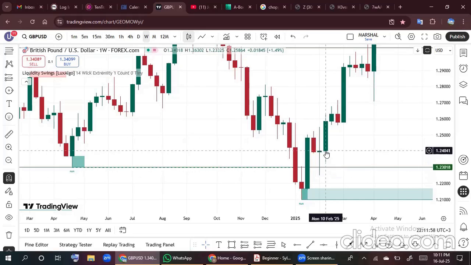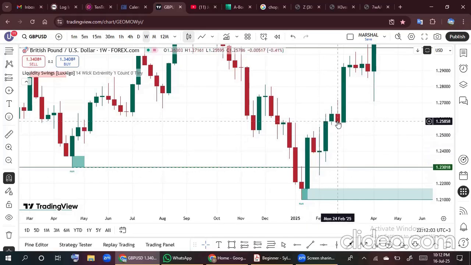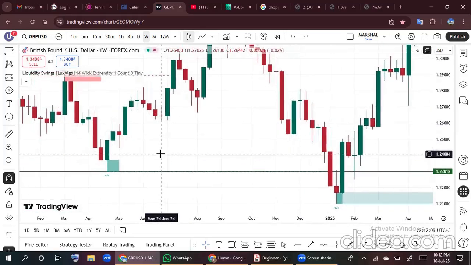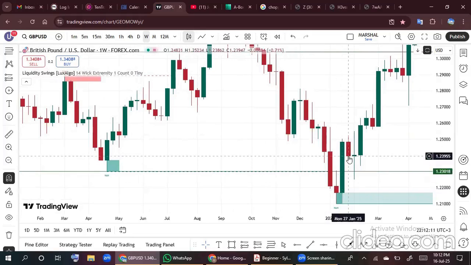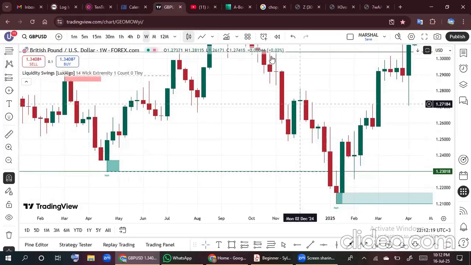If you had waited for this candle to close above this and bought around here, look at this massive move up. So it's always best, when there is an engulfing candle, to wait for the next candle to close above the engulfing candle itself. I don't know if we understand what I'm saying. Yes. All right.